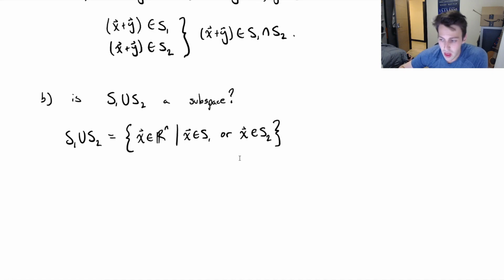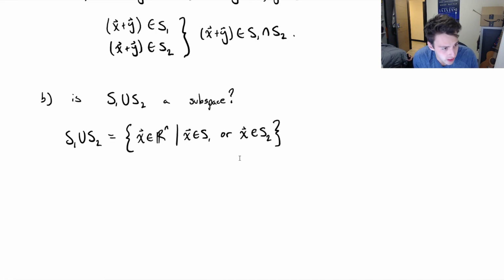So this is where things boil down to be a little bit funny, okay? So since the vector in the union can be in either S1 or S2, if you were to add those vectors, will the result also be in the union? Now you might think, okay, let's take a vector x, and let's say that x is in S1, so it's in the union.